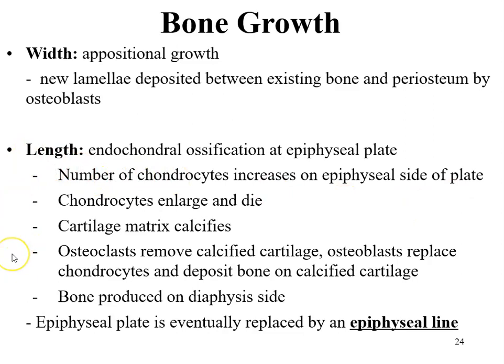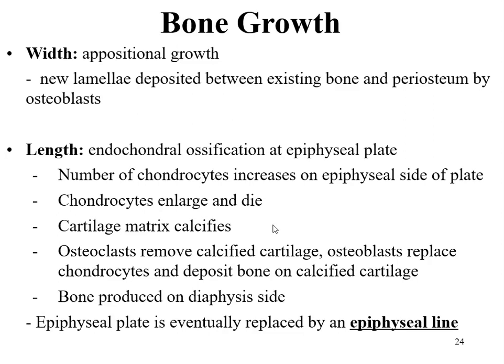So until we're about 18, 19, 20, we'll see that epiphyseal plate grow on the epiphysis side. We'll see the number of chondrocytes increase. The chondrocytes then get bigger, and then they die as the cartilage calcifies and hardens.